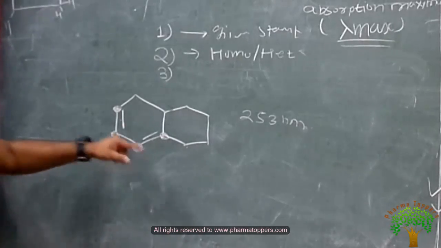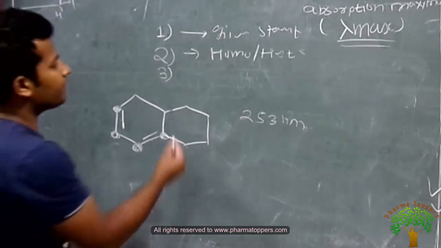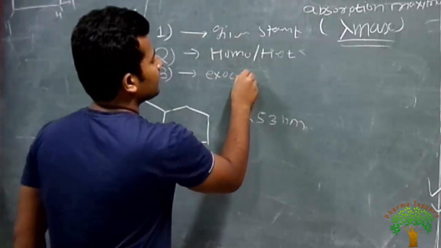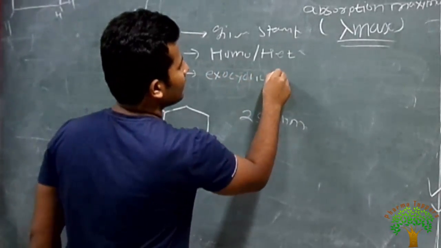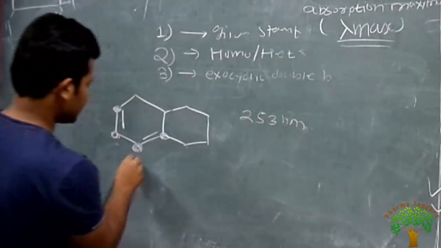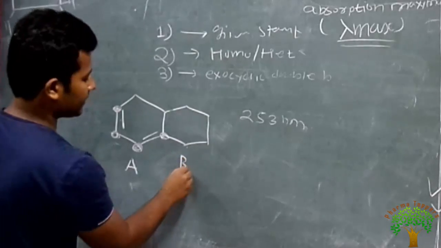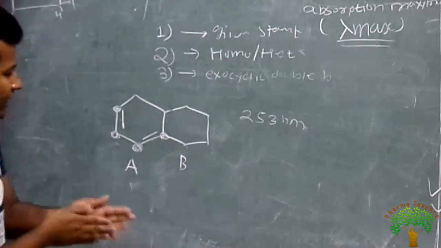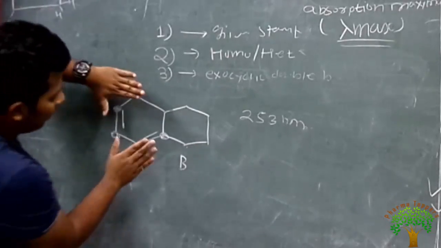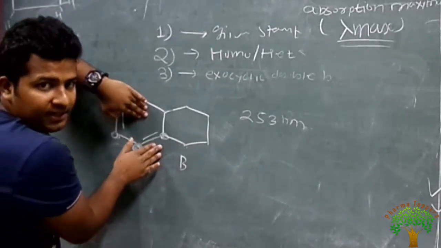Third, see what exocyclic double bonds are present. This is the A ring, this is the B ring. How do we see an exocyclic double bond? See what conjugation is present in this ring.